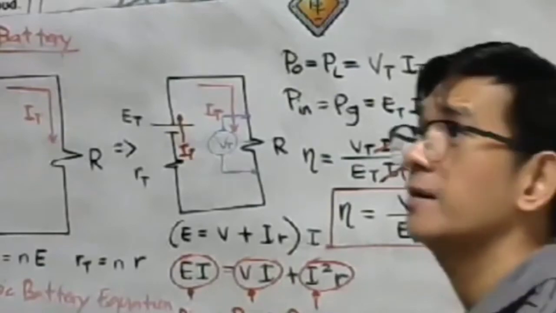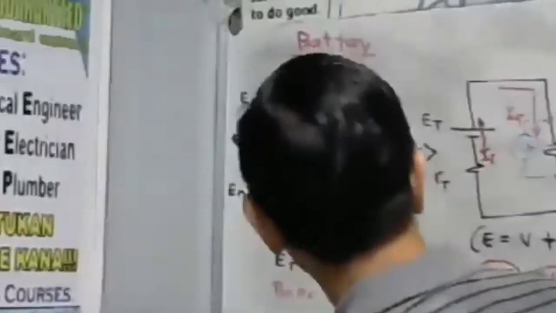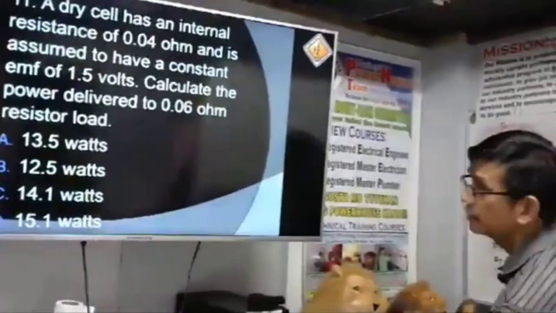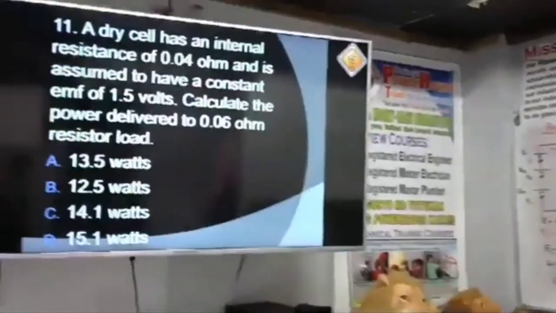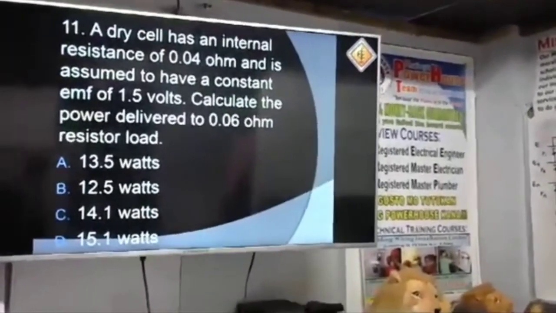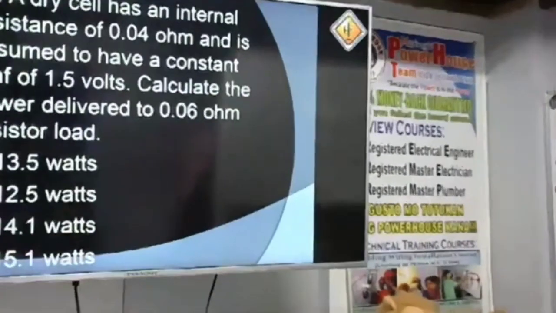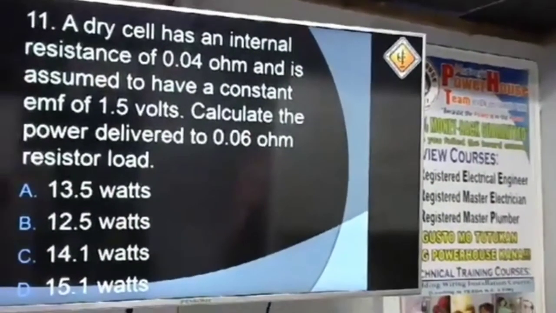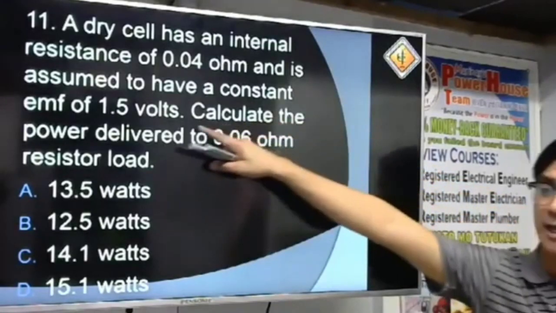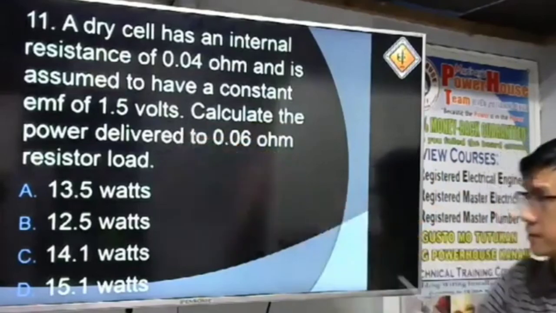Okay, let us solve some problems. I will solve number 11 here. Okay, let's go with number 11. A dry cell has an internal resistance of 0.04 ohm and is assumed to have a constant EMF of 1.5 volts.